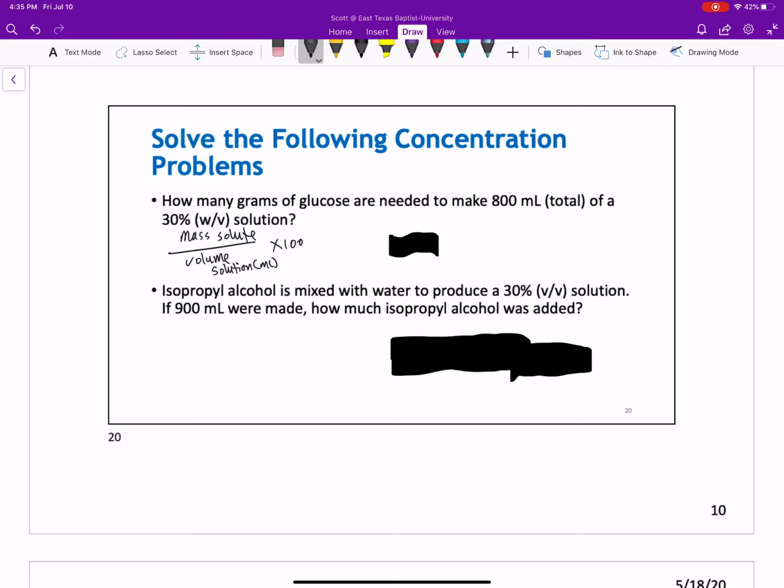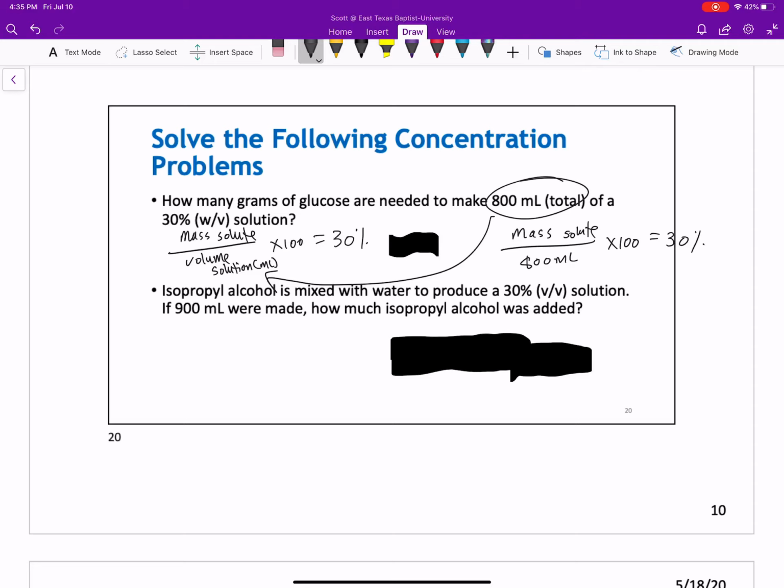We want 30%, and we're trying to make 800 total milliliters, so that's the denominator. We need to rearrange and solve for the mass of glucose, which is the solute: mass over 800 milliliters times 100 equals 30%.